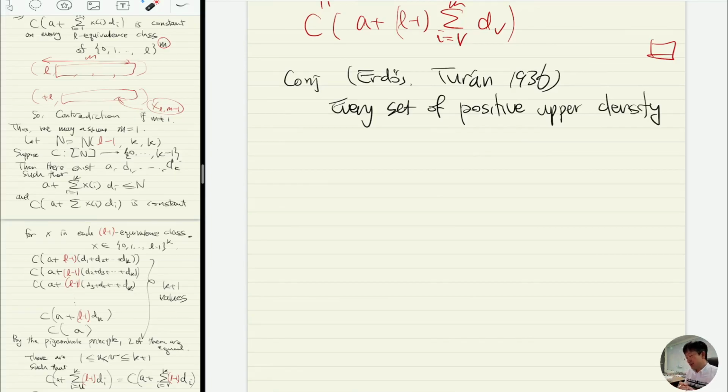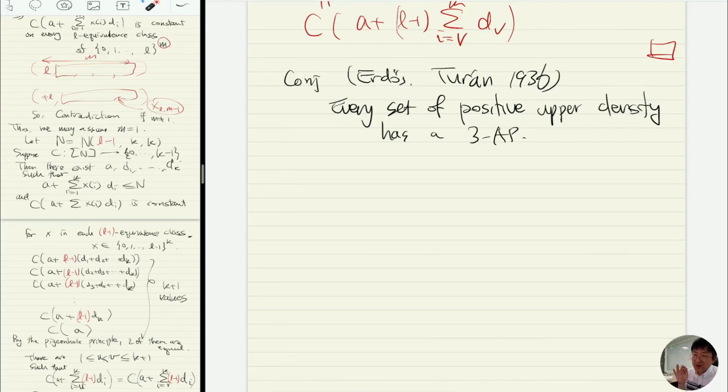Well, you can think of the limit of the density of a set: the number of integers at most n inside A, divided by n. That's density. Then you take a limit as n goes to infinity, and then take a lim sup. That's upper density. And then every set of positive upper density has a 3-term arithmetic progression.